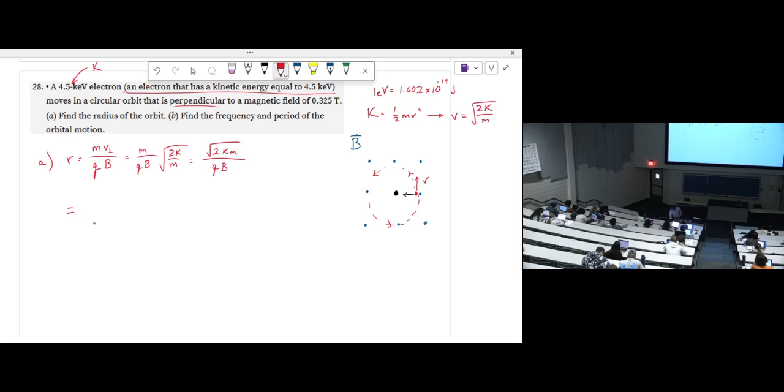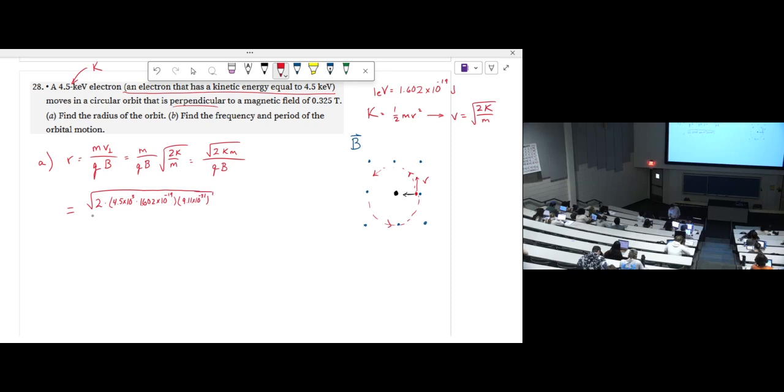If you need this conversion on the exam, it'll be on there. So that means our radius is equal to the square root of 2 times K, which is going to be 4.5 times 10 to the 3, times 1.602 times 10 to the minus 19 joules per eV, times a mass, oh man, the mass, what is it, 9.11 times 10 to the minus 31 kilograms?